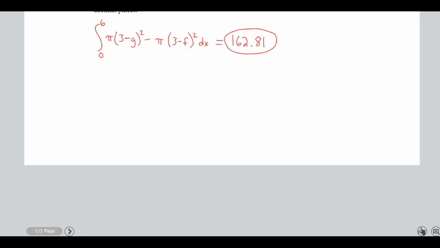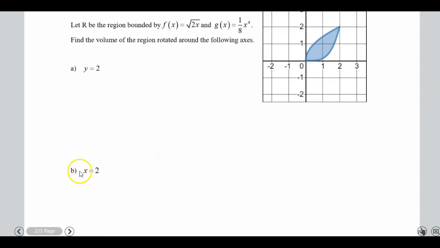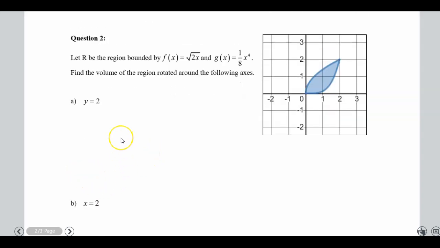All right, let's go and try one more here, and then we'll call it good. So let's do part B with the x equals 2 on this one. So let R be this region bounded by f is square root of 2x, g is 1/8 x to the 4th. Find the volume rotated around these axes.